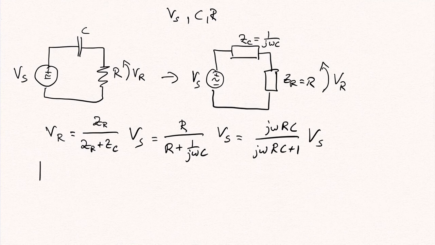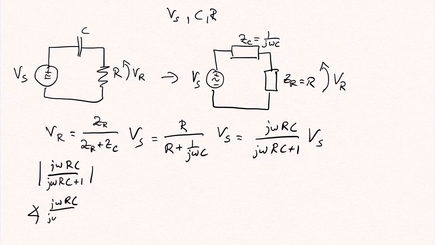For this, we need to calculate the magnitude of j omega RC divided by j omega RC plus 1 and the phase of j omega RC divided by j omega RC plus 1.